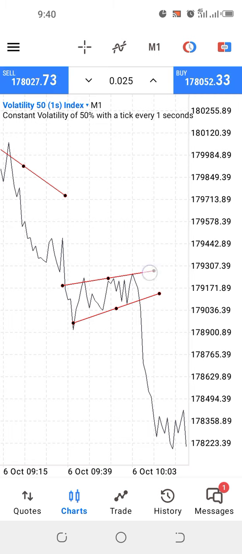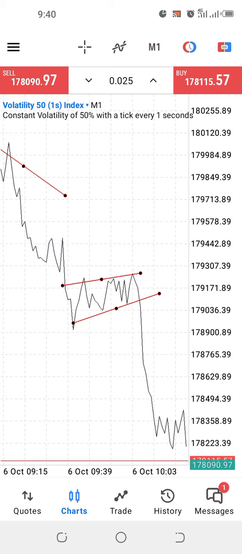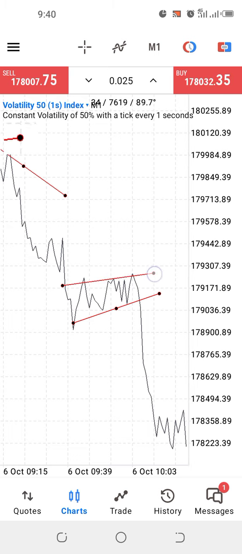And again, wait for the candlestick to be in the direction of your entry point. If you intend to enter at this support line, for example, wait for the last candlestick at this point to indicate sell before entering the trade.